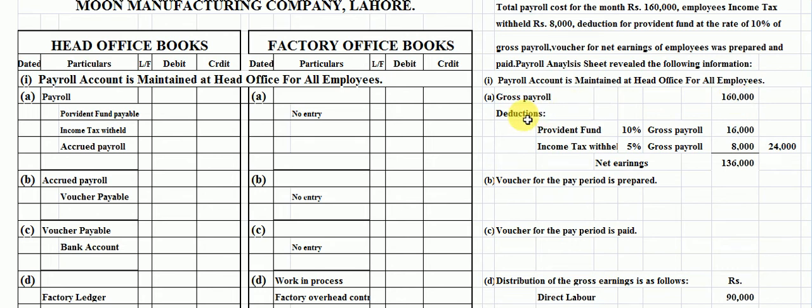The gross payroll is 1,60,000 rupees. Deductions: provident fund 10% of gross payroll, which is 16,000 rupees. Income tax withheld 5% of gross payroll, which is 8,000 rupees. Net earnings 1,36,000 rupees.